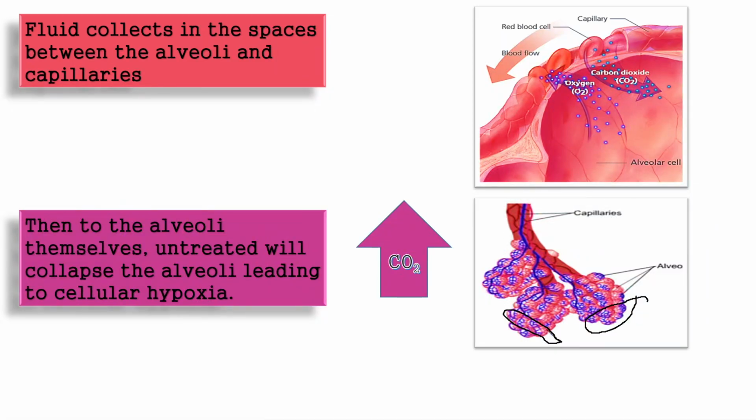So guess what can't happen? A gas exchange. And this is all because of left ventricle failure. Otherwise, these alveoli would be fine. There would be no problem. They would still collect O2 with no problem. But now they can't have a gas exchange. So now we're dealing with somebody who's hypoxic with the left ventricle failure.